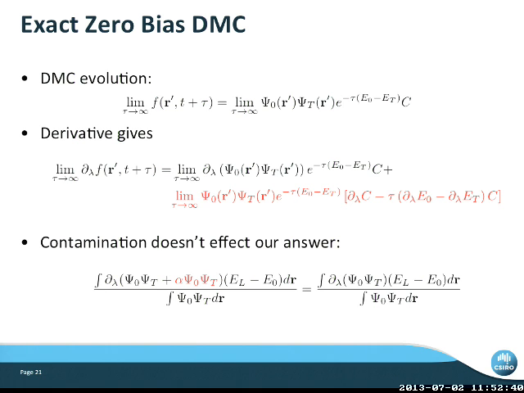So you do this, and obviously you get the derivative of the mixed distribution, which is what you wanted, with the same coefficients as the original distribution, so ratios are going to work nicely. But because of that term there, you also get these contaminant terms, which are proportional to the mixed distribution that you had in the first place. In particular, you get a term that's ever increasing linearly in tau if you don't have the correct first order energy.